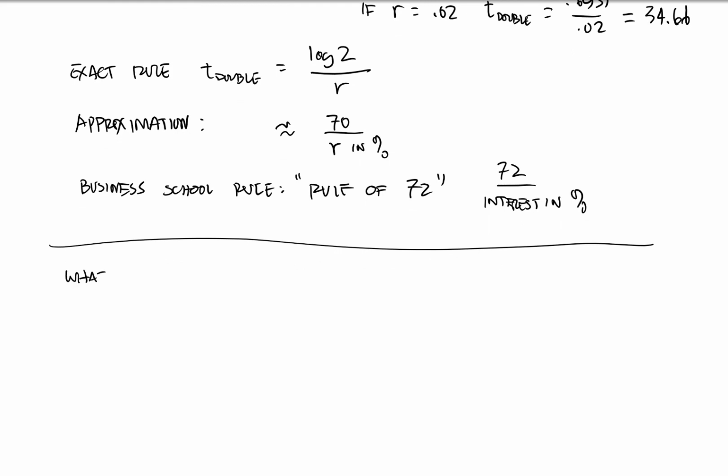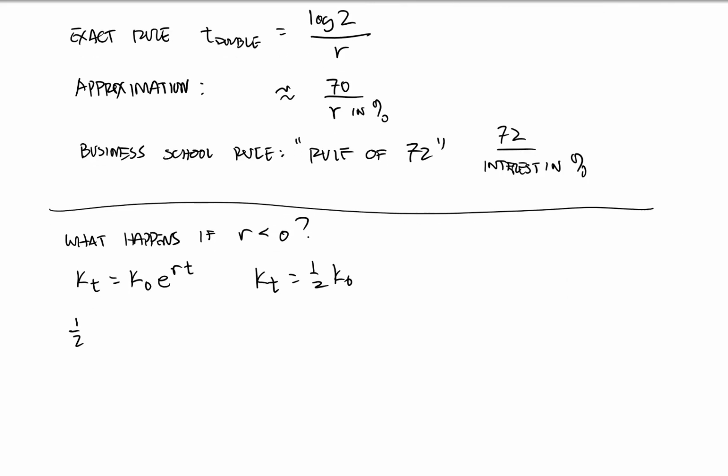What happens if R is negative? The population is not growing. What if the population is shrinking? Then our question is, how long does it take for the population not to double in size, but to halve in size, to be half as large? In that case, k(t) equals k0 e to the rt, and now we want k(t) equals half of k0.